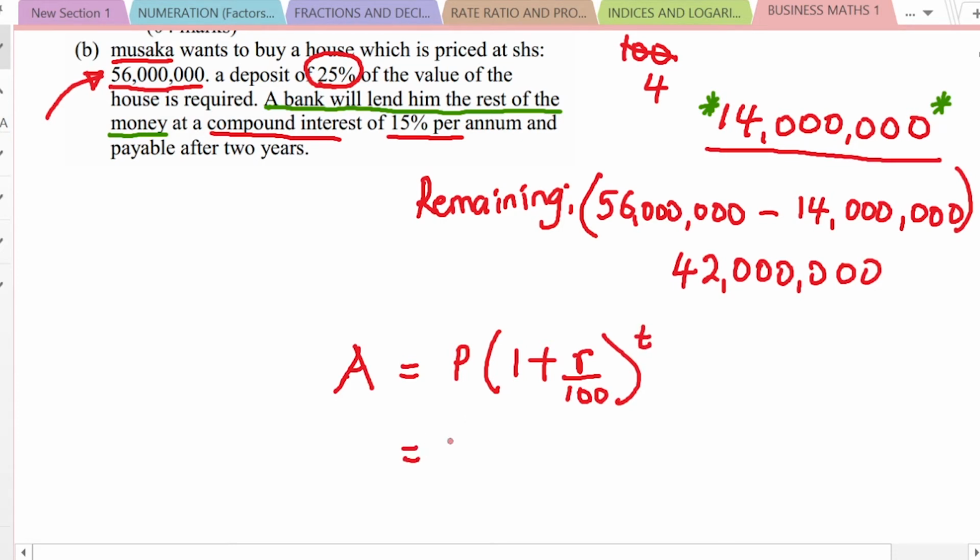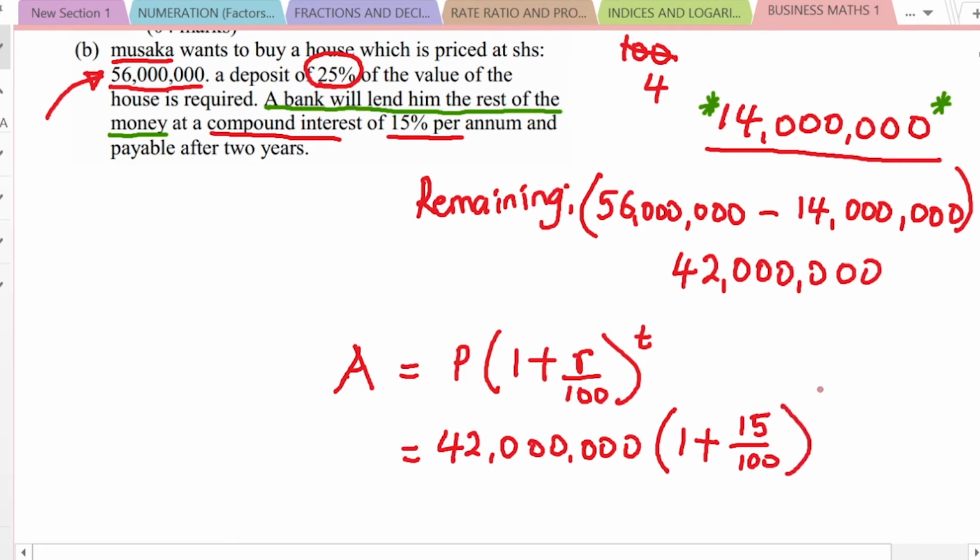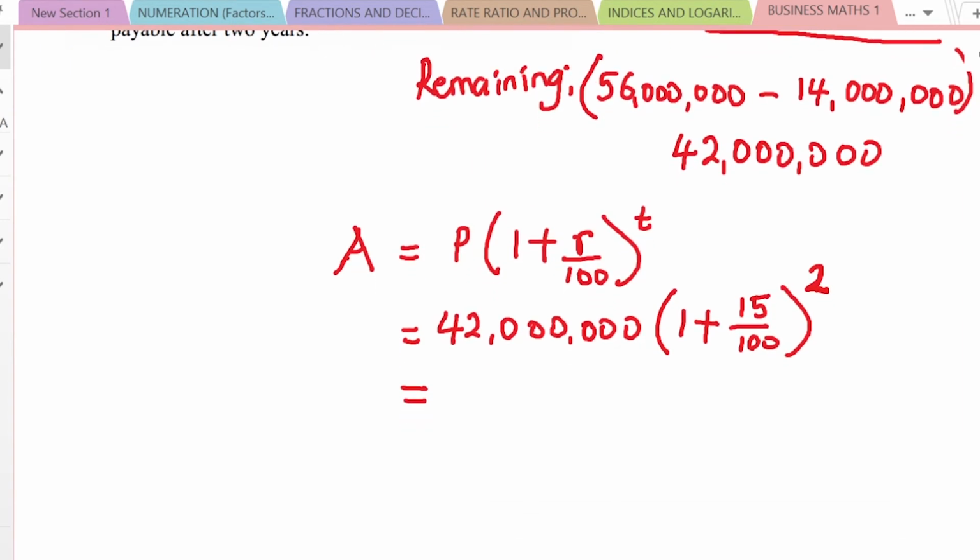The principal here, that is how much the bank is going to lend him, is 42 million, times 1 plus the rate. The rate is 15%, so it's 15 over 100, to the power t. The time in this case is 2 years, because it's per annum. If it was per month, that would be 24 months, and we would put 24 up there.